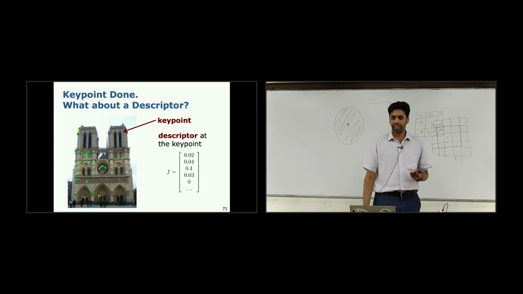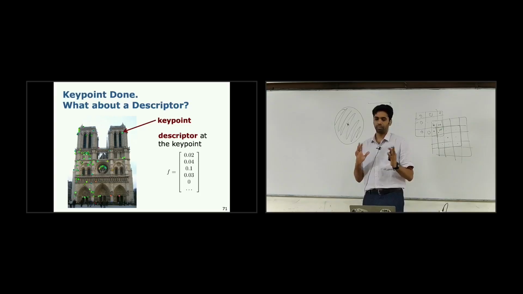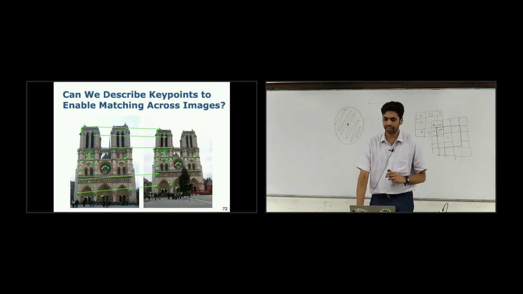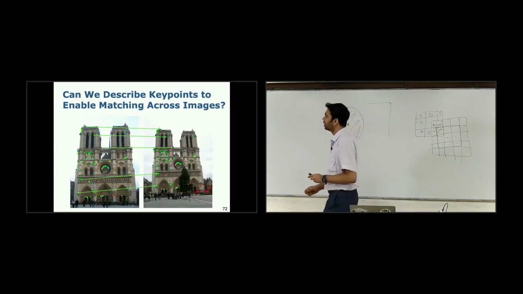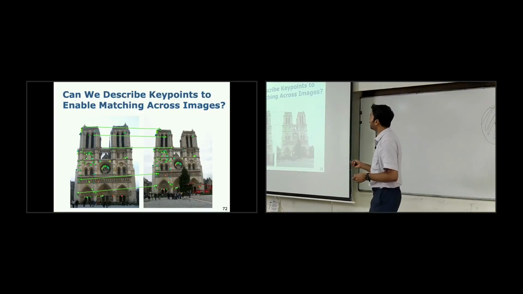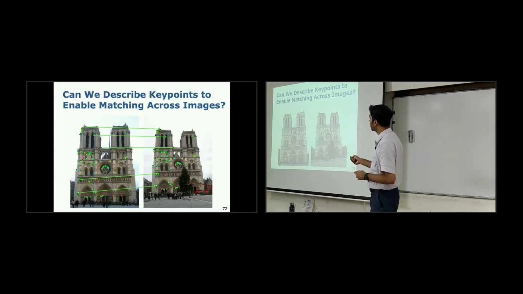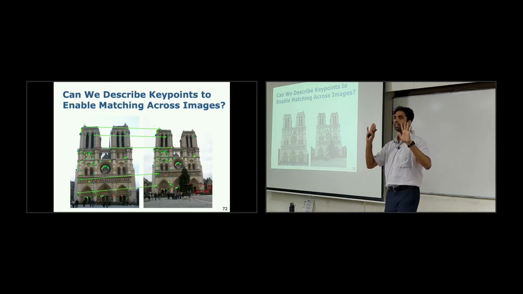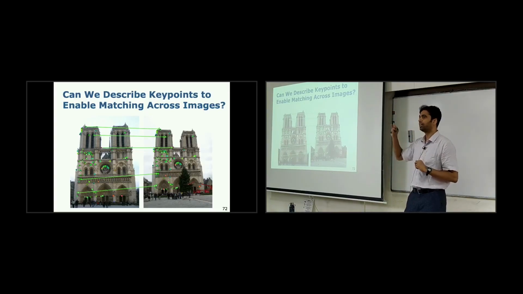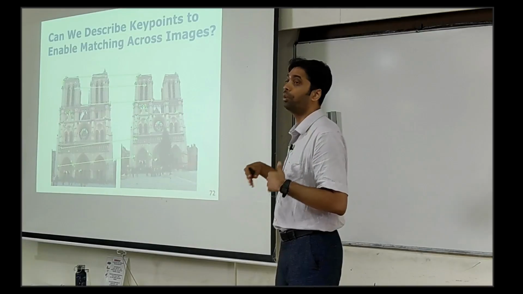The reason you need a descriptor, for the most basic use case, is image matching, right? So let's say we compute the features and compute its descriptors. The way you would do feature matching is like the following. You would look at the descriptor for this key point, and then you look at each of the key points in the other image and compare it against each of those descriptors. And you say the descriptor which best matches will be my match.